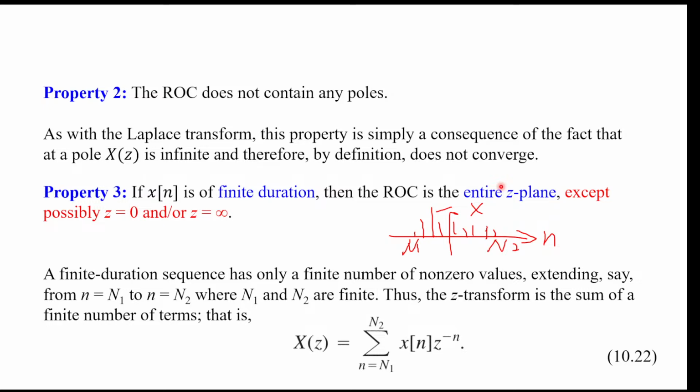It says that if x is of finite duration, starting from some value n1 and stopping at some value n2, then the ROC will be the entire z plane. So far it's the same, but we have a weird exception here: we except z equal to 0 and/or z equal to infinity.